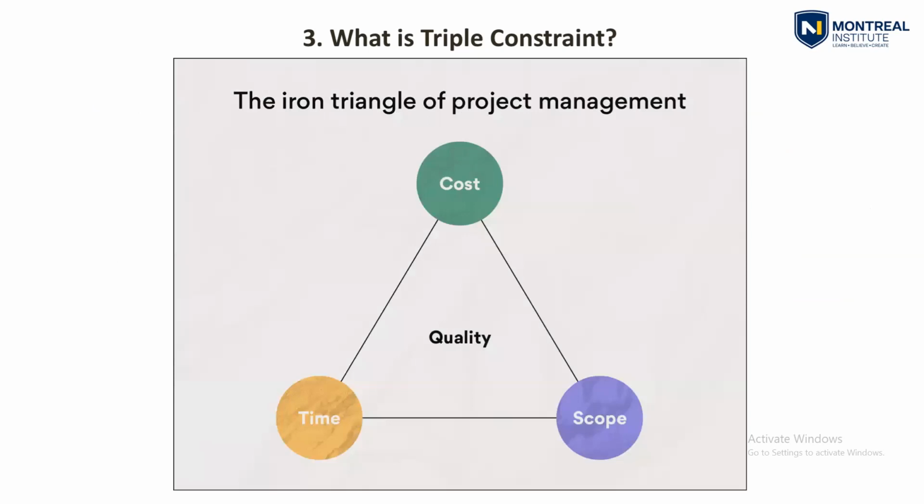So this will be your iron triangle for project management, that is cost, time, scope, and in between, quality is your center theme for the project triple constraint. But in the project management diamond, quality will be on the fourth corner and customer expectations will be at the center.